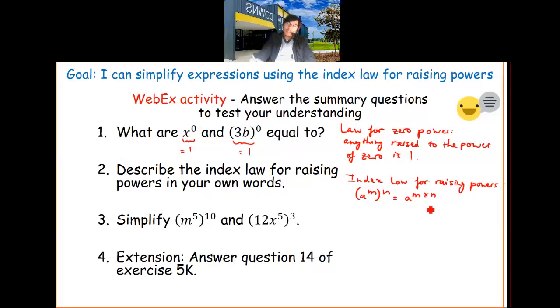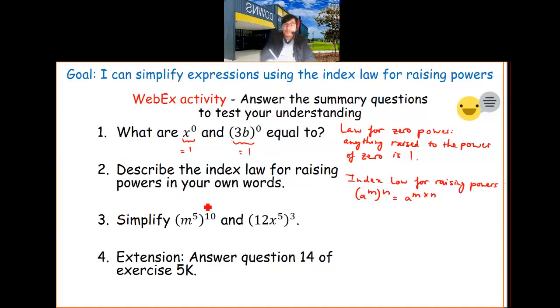So let's try to put this in our own words. What do we do with the powers? Remember, indices is another way to say powers. So what do we do with the powers? We multiply them.